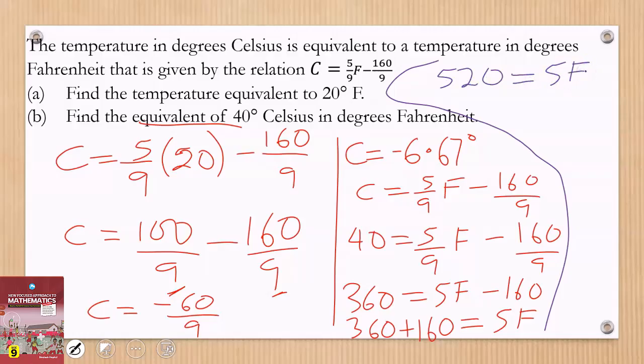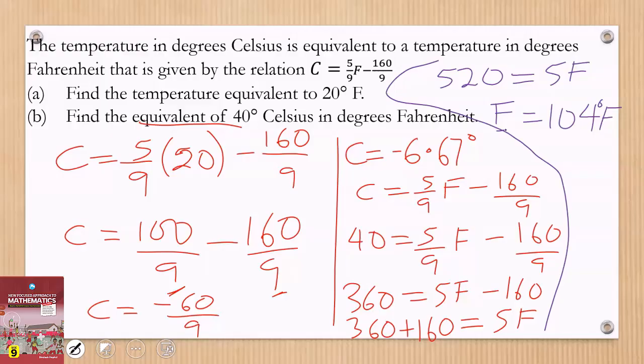Now dividing both sides by 5, my F will be equal to 104 degrees Fahrenheit. So that means 40 degrees Celsius is equivalent to 104 degrees Fahrenheit.